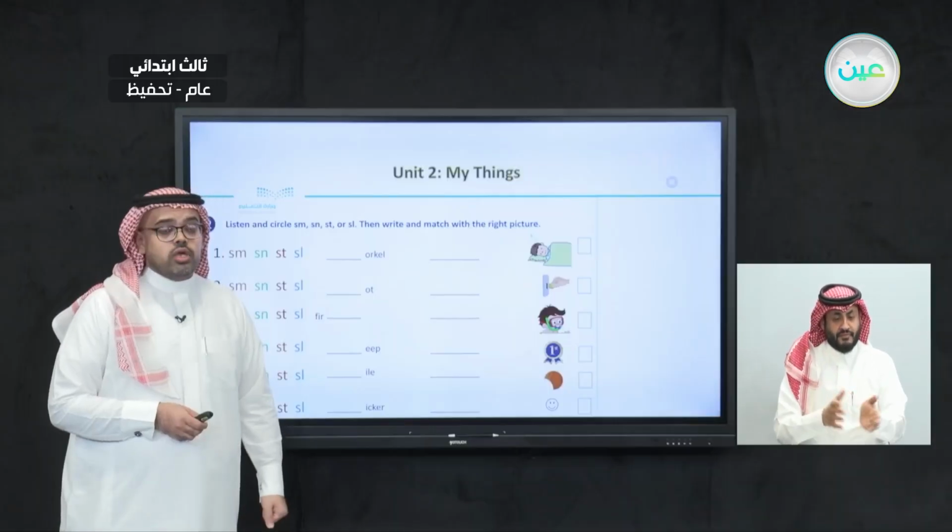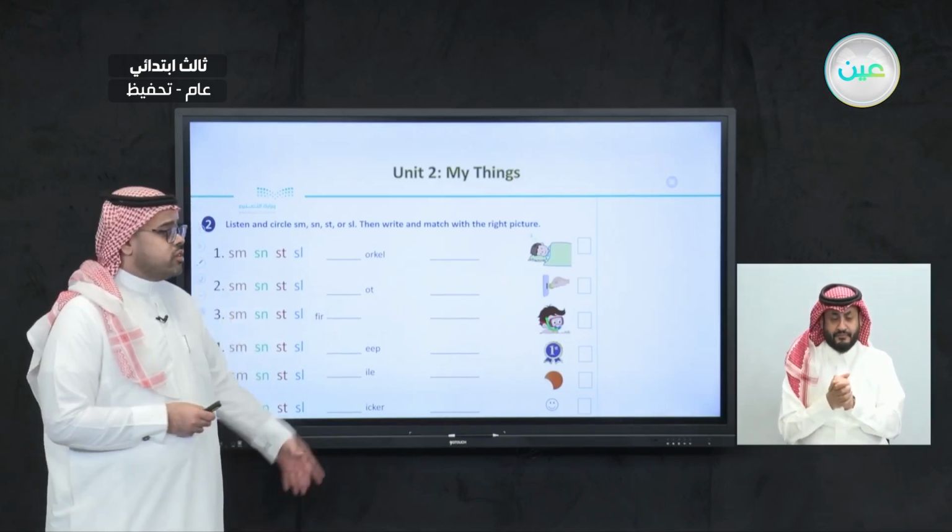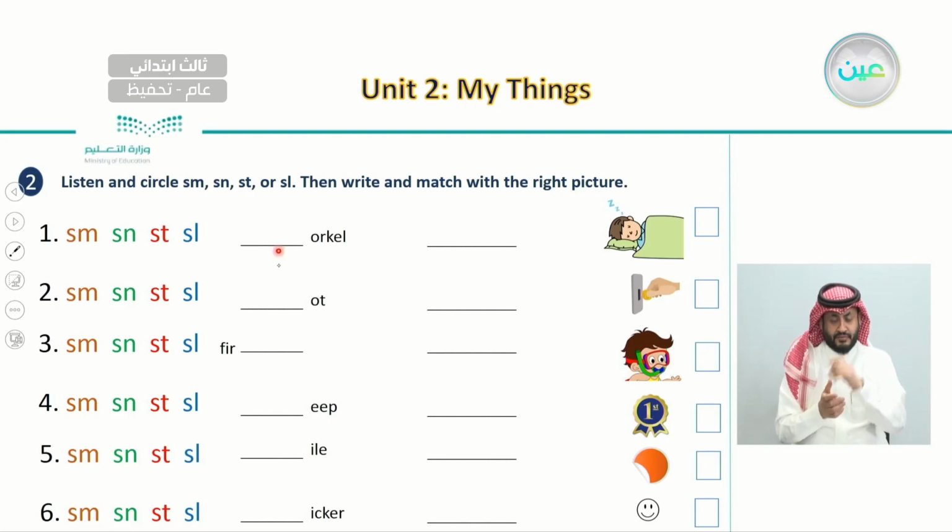After we know what each of these words starts with, we're going to write the missing letter here, and then write down the word here. After this, we're going to look for the picture that represents this word, and write down the number of the word next to each picture. So let's start now and try number 1.